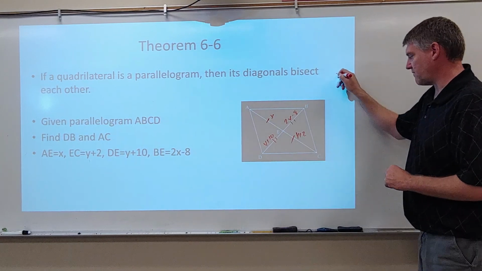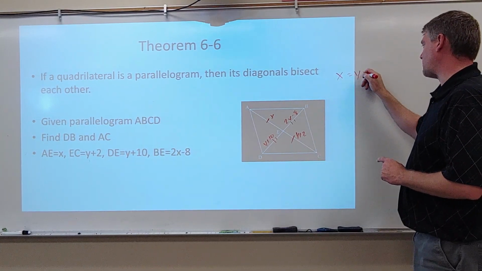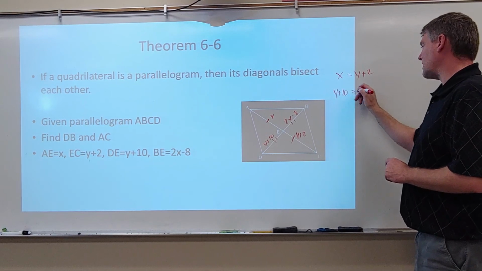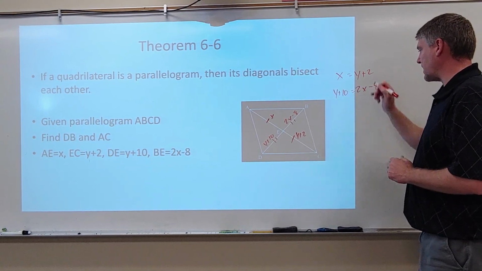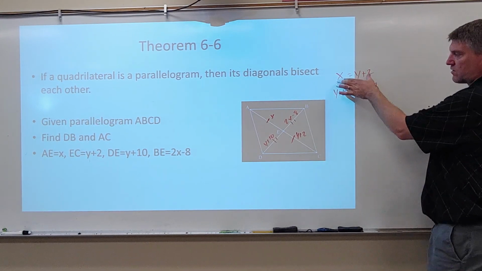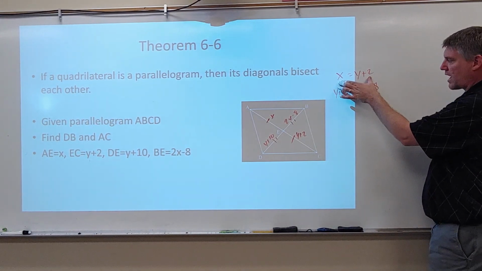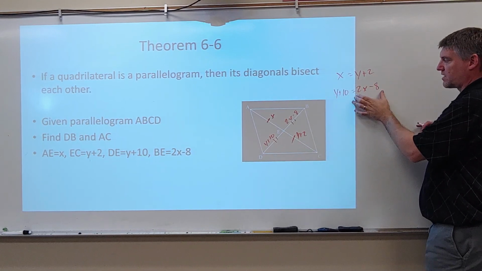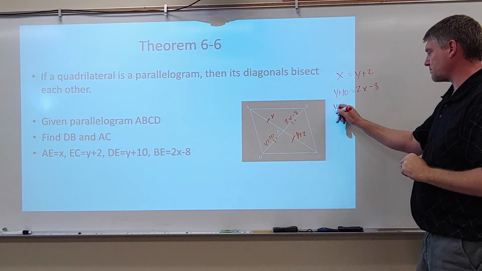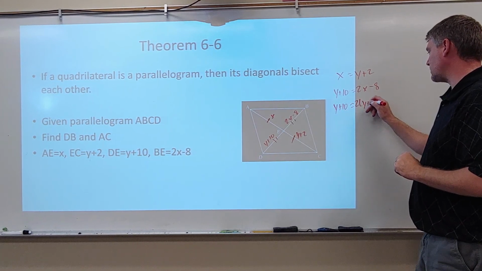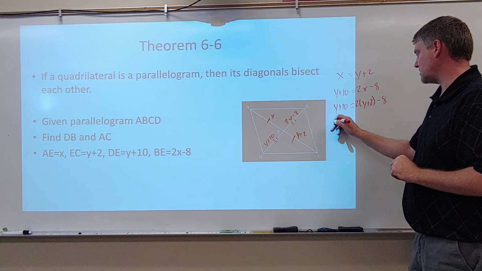Over here, I have X equals Y plus 2, and I have Y plus 10 equals 2X minus 8. I have two variables, two equations. I already noticed that this one is solved for X, so I'm going to substitute Y plus 2 anywhere I see X down here. So Y plus 10 equals 2 times the quantity Y plus 2 minus 8.